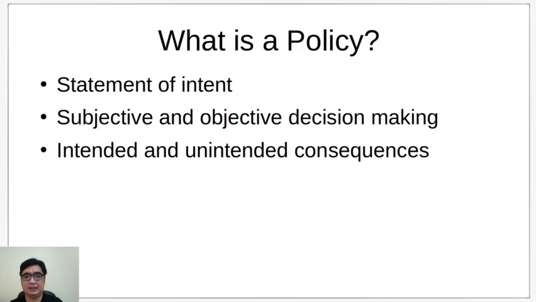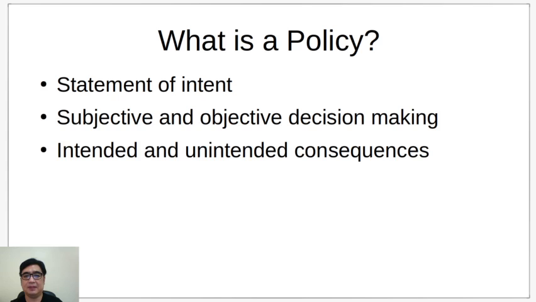What is a policy? So a policy is a statement of intent which has intended and unintended consequences, and it is either for subjective or objective decision making.